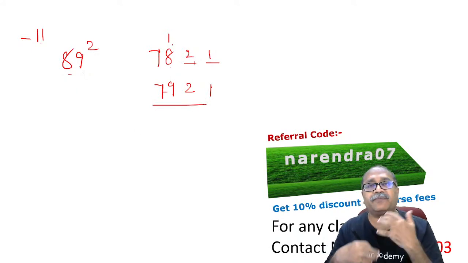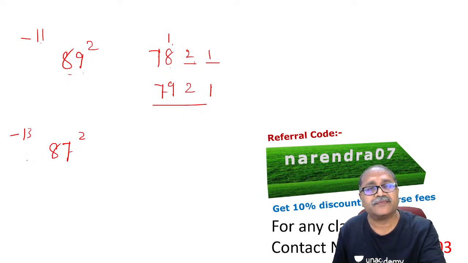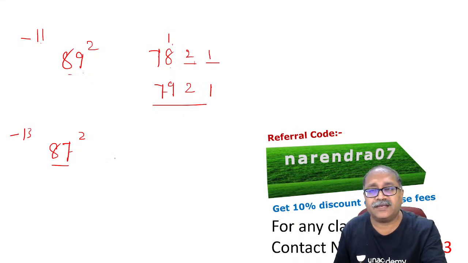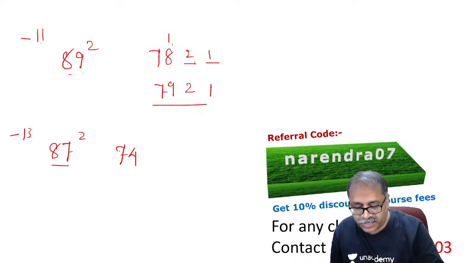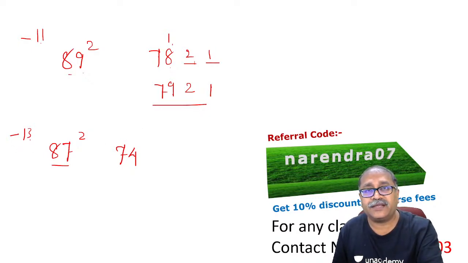Like that, can we apply the same method for 88 or 87? Let's try this once again. 87 square, this is 13 less. So first you subtract the 13 from 87, and it becomes 74, followed by 13 square, which is 169.